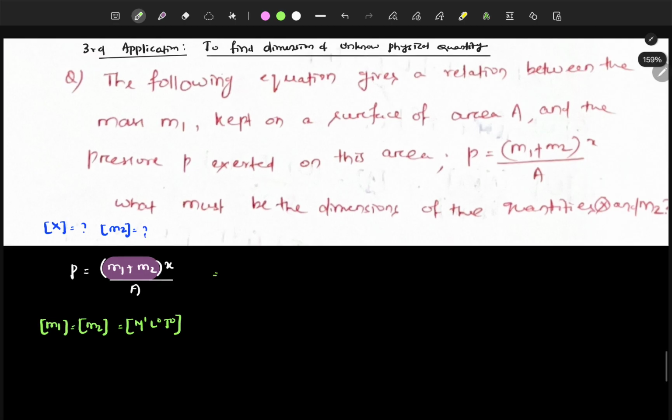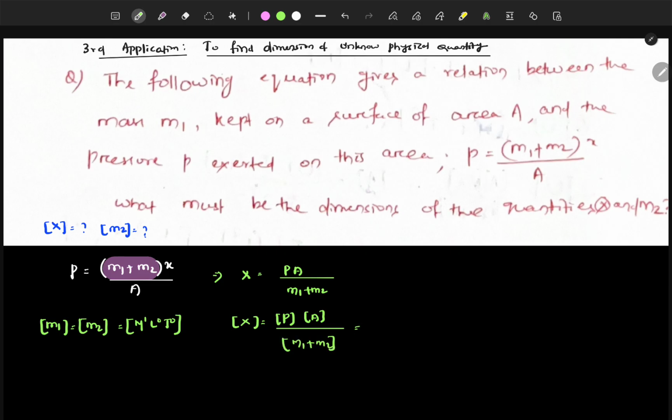From this formula, we can say x is equal to pressure into area divided by (m1 plus m2). So the dimension of x is the dimension of pressure into the dimension of area divided by the m1 plus m2 dimension.